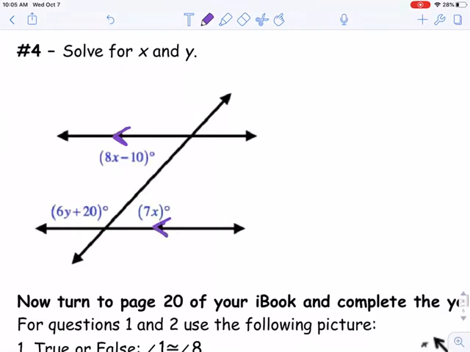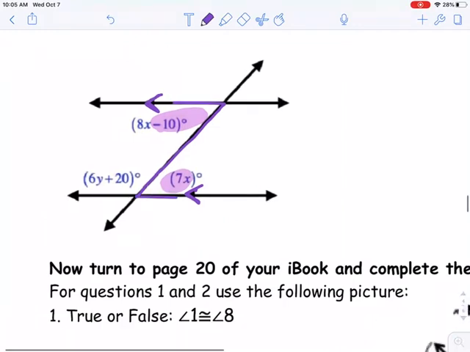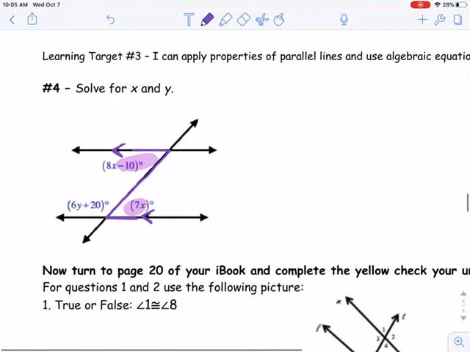All right, so we need to solve for x and y. In this particular problem, there's a specific letter we have to solve for first, and that letter is x. Okay, so let's look. I have that angle. I have that angle. Well, notice how they're on the inside and alternating sides. They're on alternate sides of the transversal and on the interior of the parallel lines.